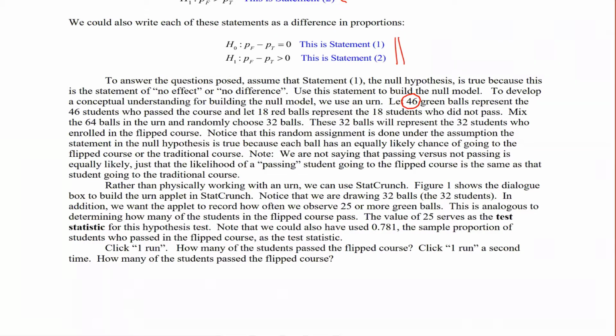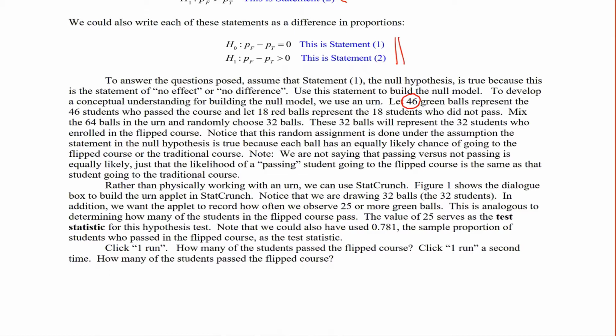So if you think about this for a second, the 46 green balls are 46 students who would pass. They would pass whether they enrolled in traditional or flipped, because the color of the ball doesn't change. The 18 red balls are students that are not going to pass regardless of whether they enroll in the traditional or the flipped. So again, that's the statement in the null.